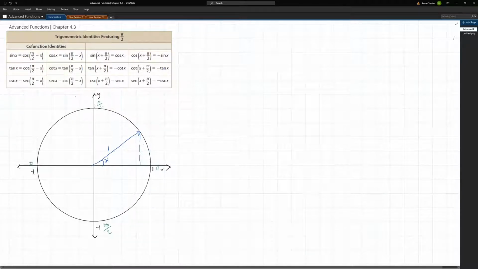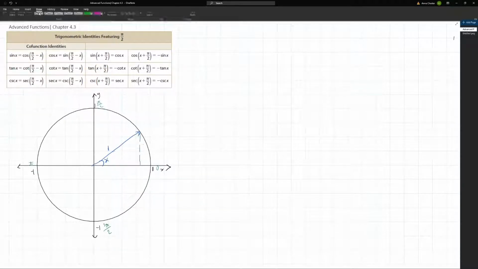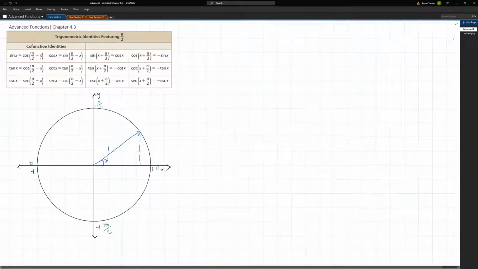So let's look at our first identity, which is sine x is equal to cos of pi over 2 minus x. So for here, what we need to really talk about is this portion here at first. So what does pi over 2 minus x actually mean? So I've labeled all our different parts on the unit circle. This right here is pi over 2.